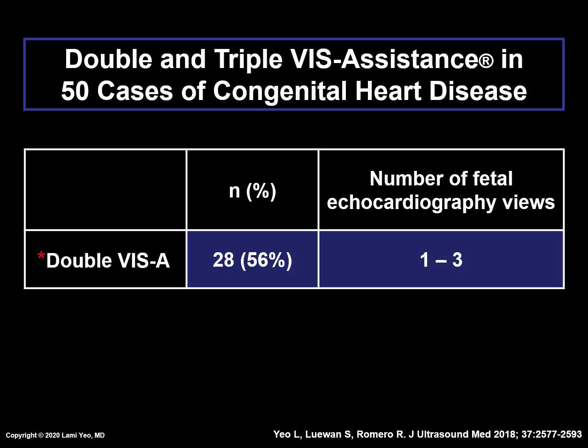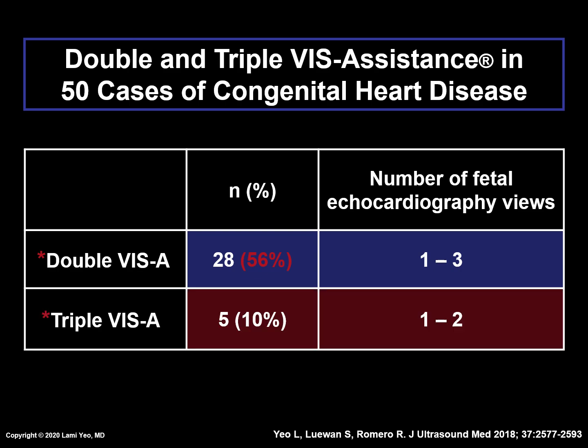To gain further assistance in determining the congenital heart disease diagnosis and obtaining more information, the investigators employed double VISA assistance in 56% of the stick volumes for 1 to 3 fetal echocardiography views. On the other hand, triple VISA assistance was activated for only 10% of the stick volumes for 1 to 2 fetal echocardiography views.